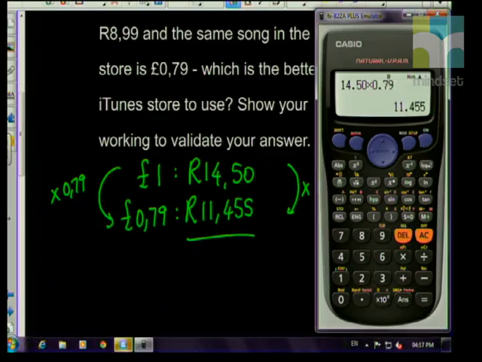What is wrong with this answer? Can we have 3 decimal places for money? No, so we need to actually convert that to be 11.46, rounded to 2 decimal places.